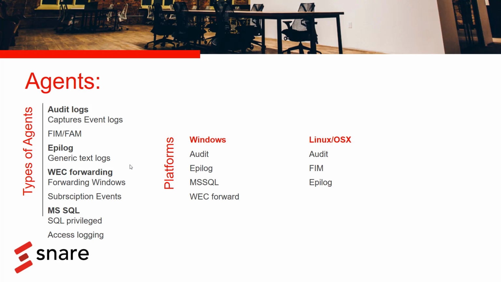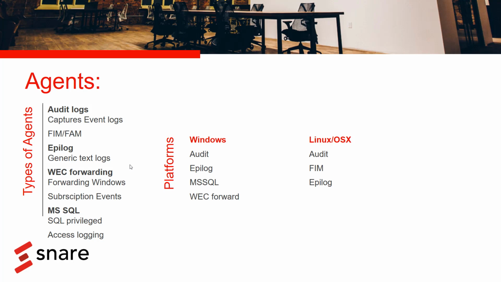We have WEC forwarding, Windows Event Collection forwarding. This type of agent is useful if you have Windows nodes that are subscribed to send their events to a central node, and that node is forwarding them on to another SIEM or something like that. And then lastly, we have our MS SQL log, which is able to log and process privileged access for the SQL server.